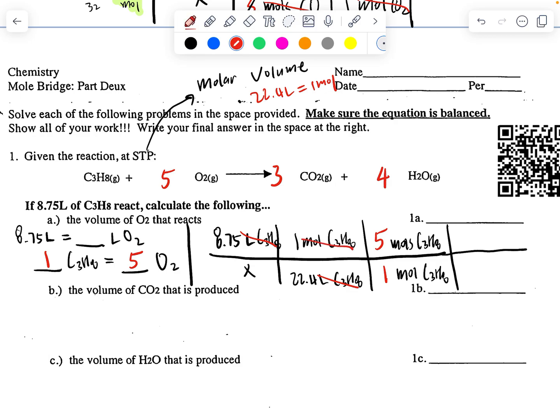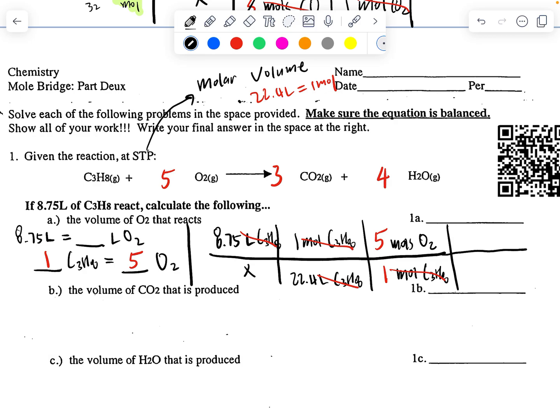Now, every time you use a different unit, you're going to have to cross away, as I did just now. So I have 5 moles of O2. Oops, I meant to say O2 here, guys. Terribly sorry. Okay, 5 moles of O2.